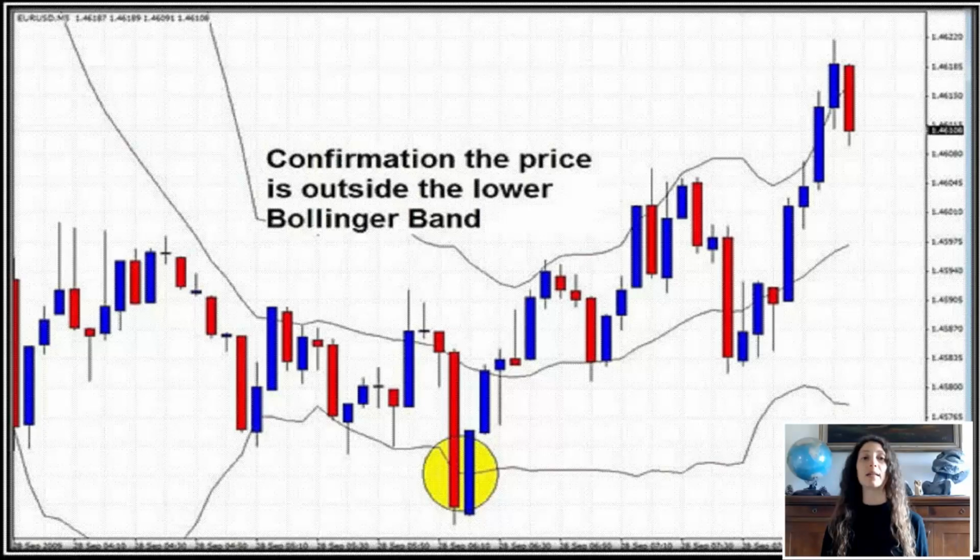When the price moved outside the lower Bollinger Band, we had a look at the previous candle and the closing Bollinger Band figure, 1.4575. This meant if the price went as low as 1.4565 or lower, we would enter a trade to go long.